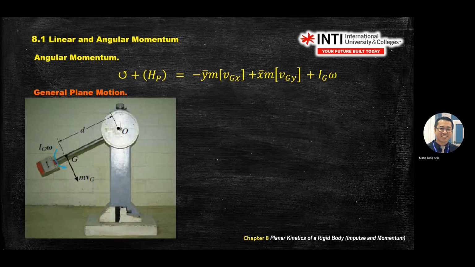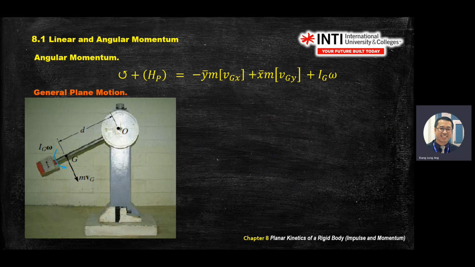Okay. So general motion is like a system like this. It's like the one where you do the impact test, right? Too bad our equipment is broken, but it's like a mass here. Then if you lift it up, it will swing, right?